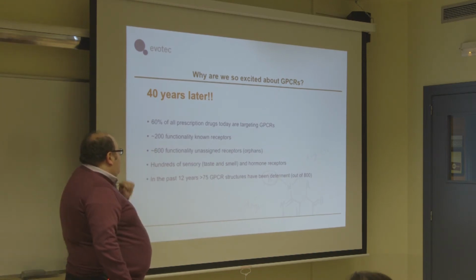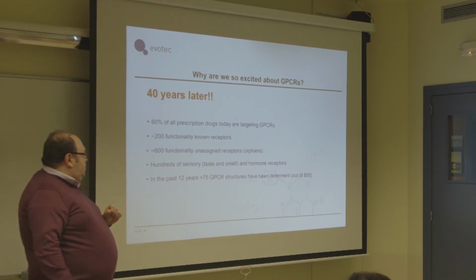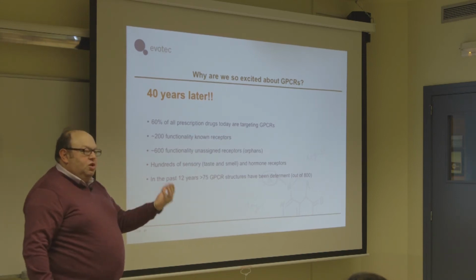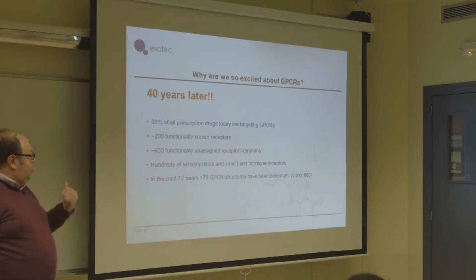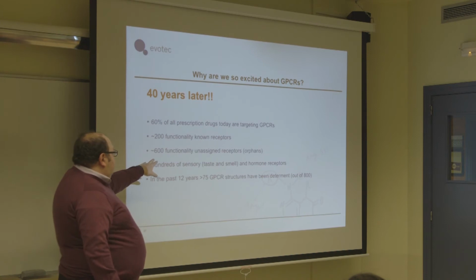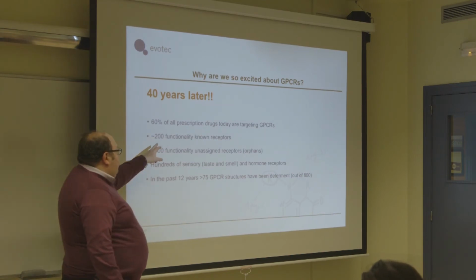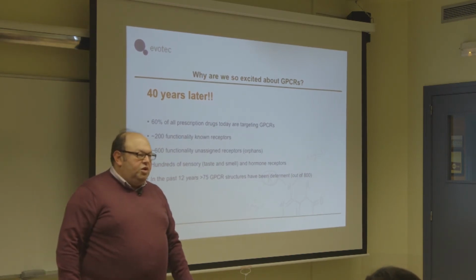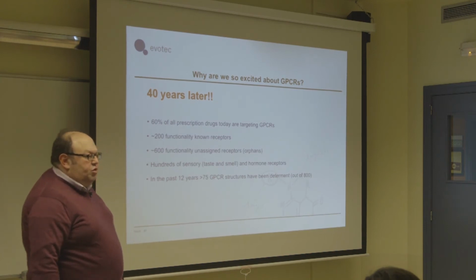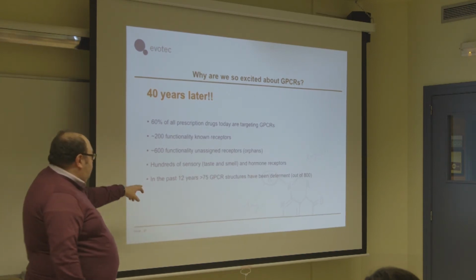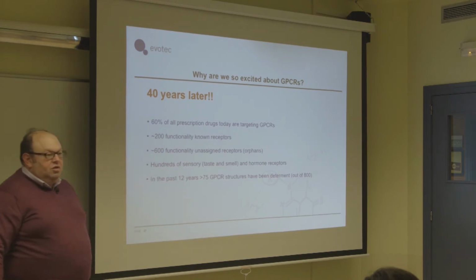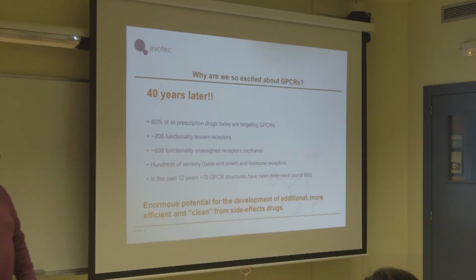We know about 200 functional receptors, where we know which function in the cell they are connected to. There are an additional 600 that we don't know, and drugs are developed against only 50. So there are an additional 750 receptors, and those 50 receptors account for 60% of all drugs. Imagine how much potential we still have with GPCRs. This is why GPCRs get so much attention and are the focus of drug discovery companies.